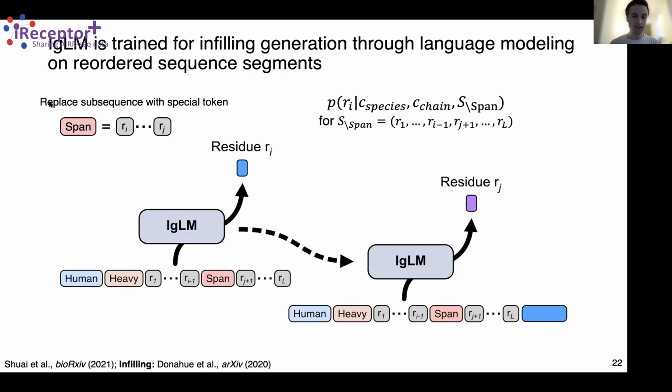And then during training, we put that span token in a random spot and move the residues that correspond to that region of sequence to the end. So in this way, the model can look at the sequence that comes before and after your span, and then predict the missing residues in the context of those other sequence bits. And we can use this to do things like redesign CDR H3 loops conditioned on the preceding and following context of the framework.